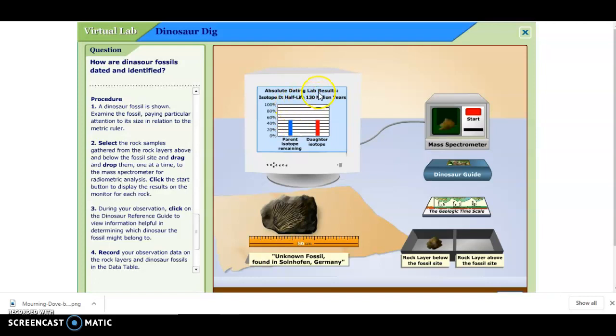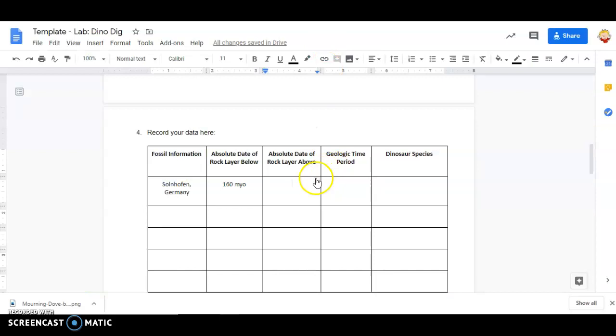So it takes 130 million years to drop down to 50, and that's where it is. So this fossil must be about 130 million years old. So we'll write that down here. 130 million years old.